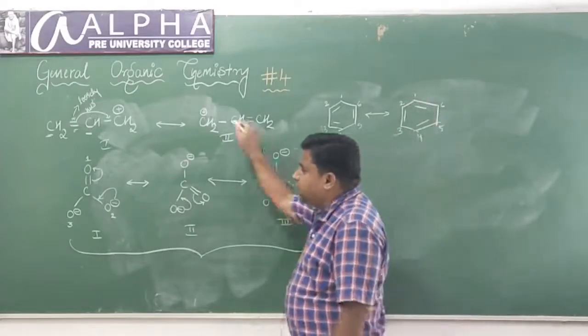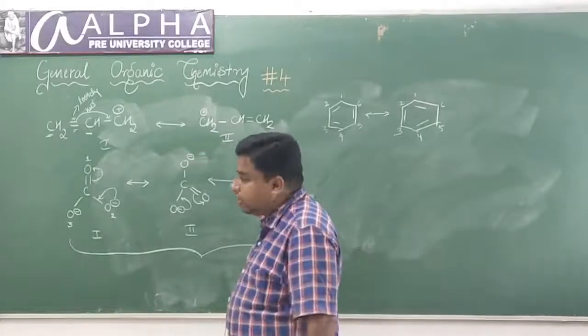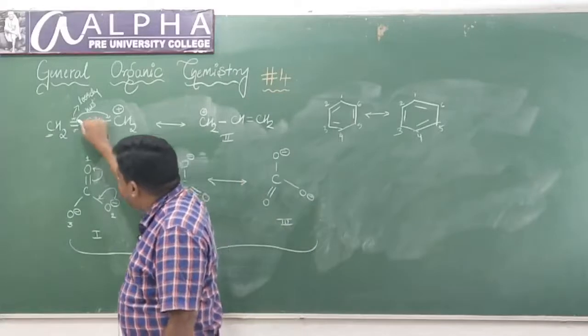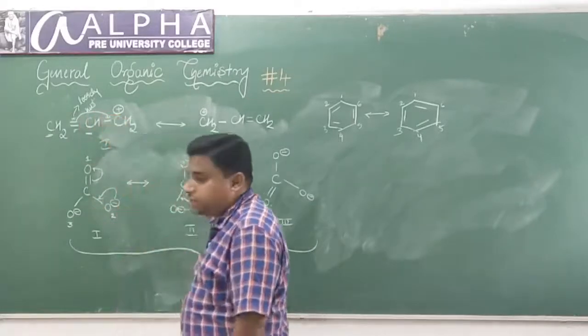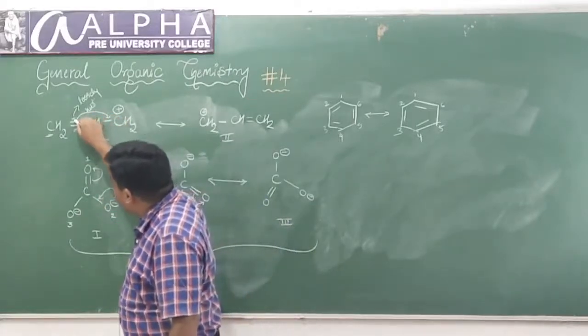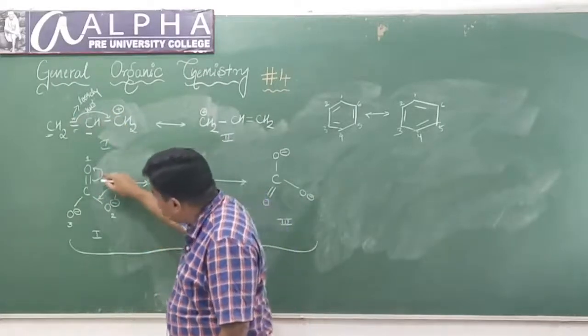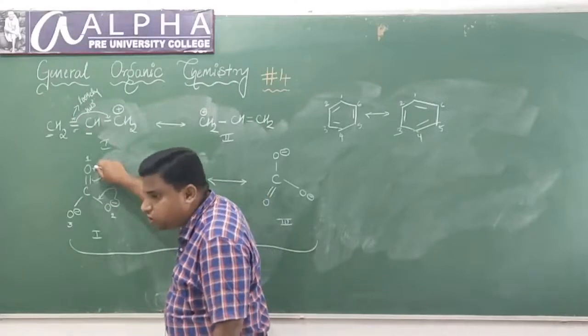So what are you observing in all these three cases? In all these three cases, there is displacement of pi electrons, isn't it? The pi electrons are being displaced from this region to this region. Here also there is displacement of pi electrons; they are displaced towards oxygen.